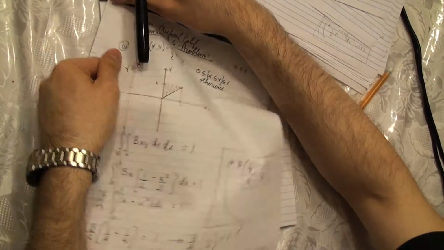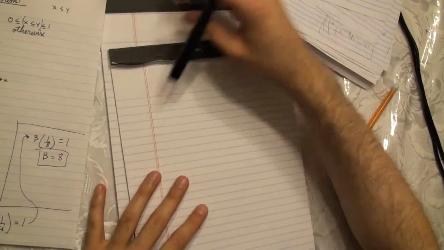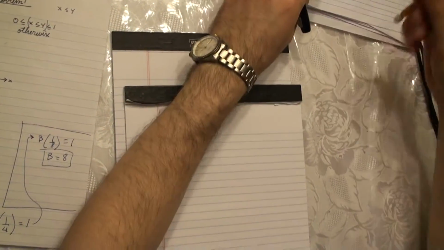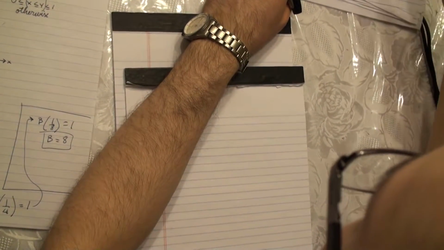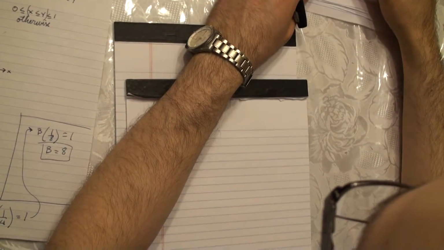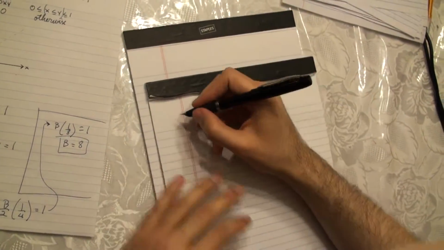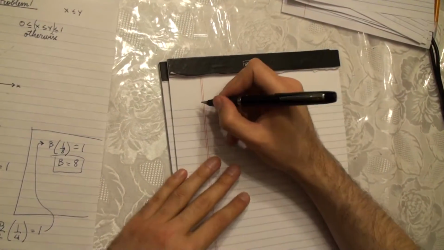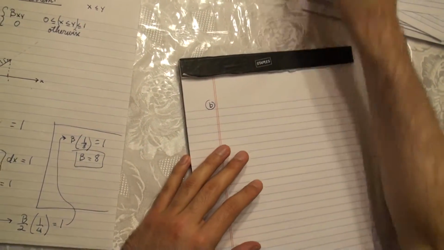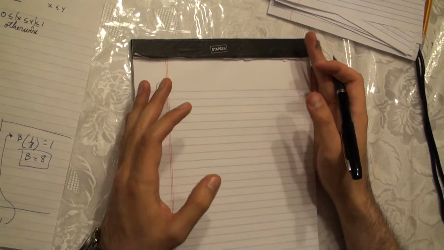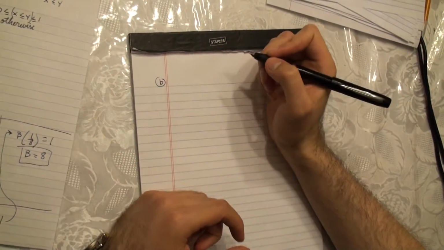Okay. So now, I want to look at part B. Making a correction in my notes. So part B asks us to find and sketch the marginal density functions, f of x and f of y.